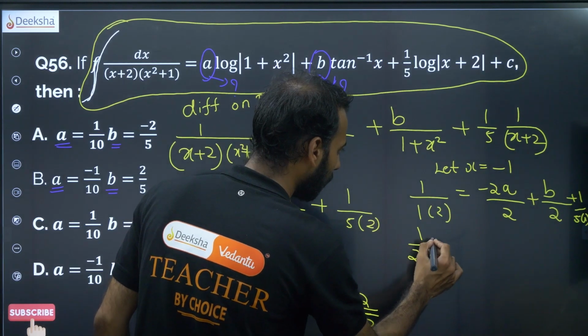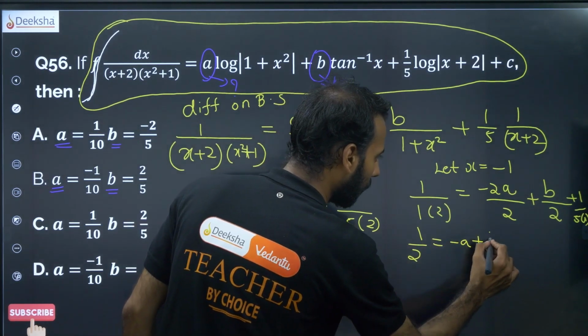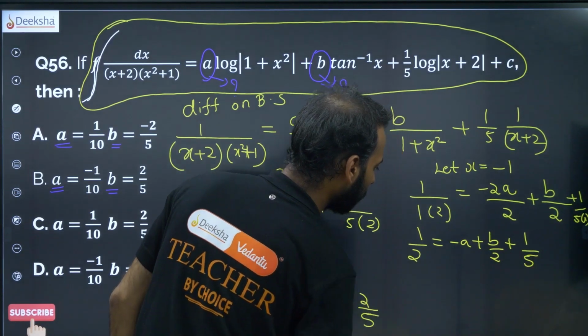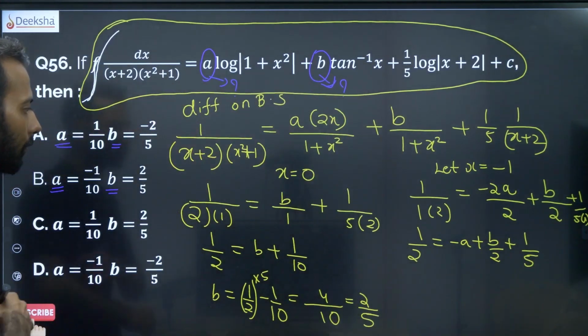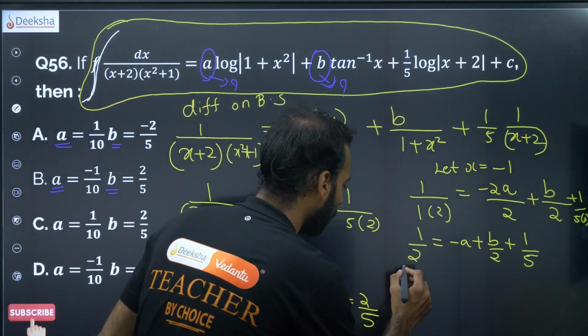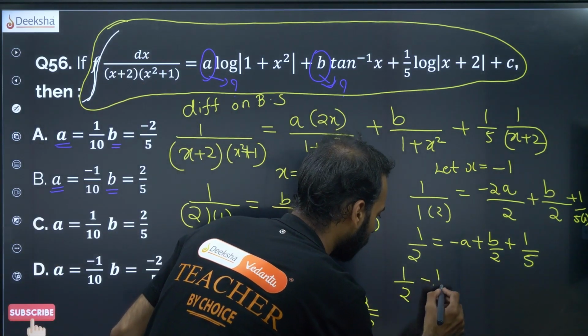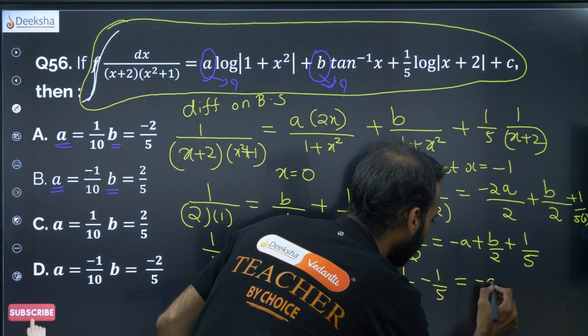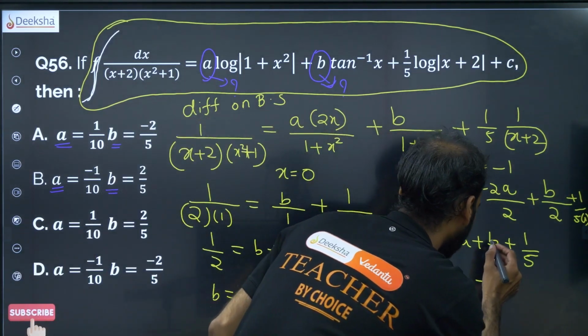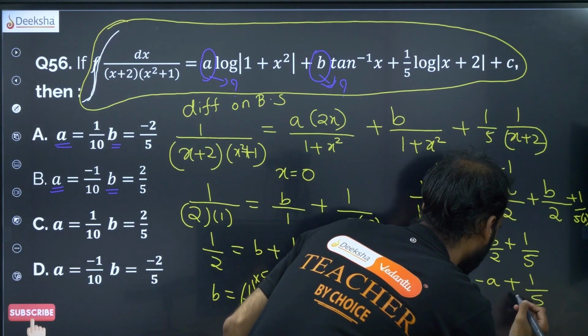So 1 by 2 is equal to minus A plus B by 2 plus 1 by 5. Now B value is 2 by 5. So 1 by 2 minus 1 by 5 is minus A, and B value is 2 by 5.